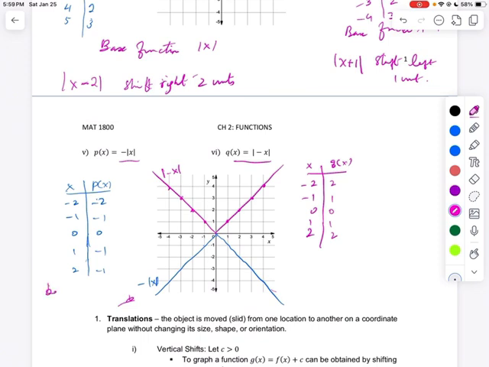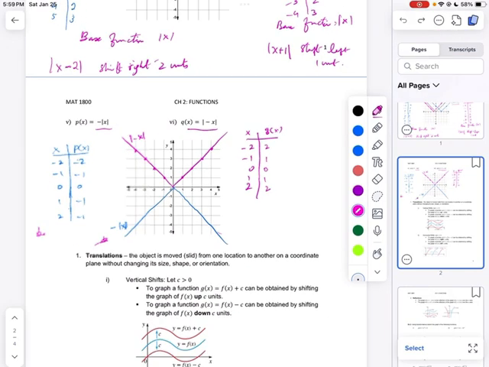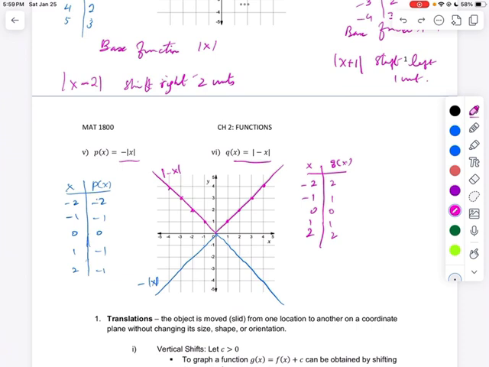So the base function here is, you can see already, the absolute value of x. And what does the negative sign in front do? Flip over x-axis.